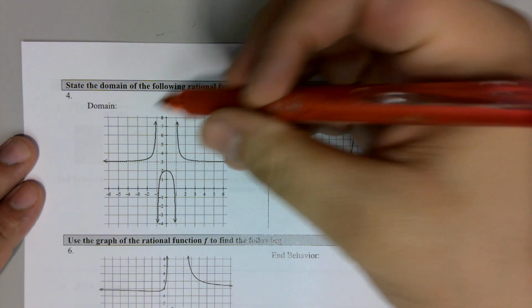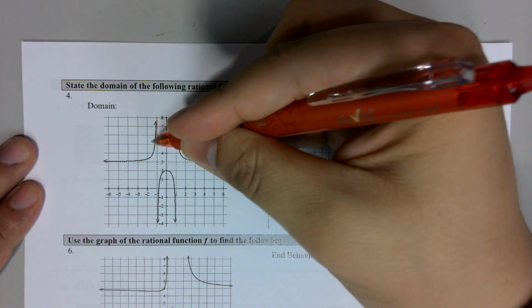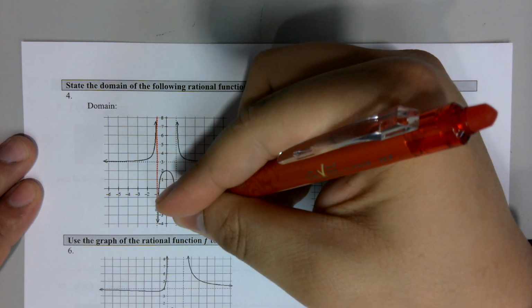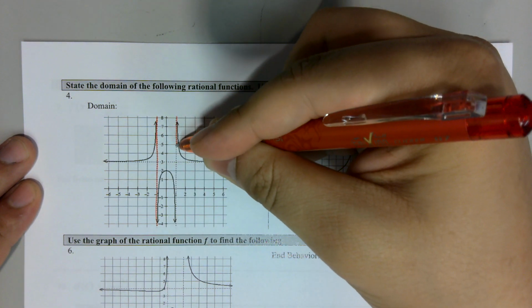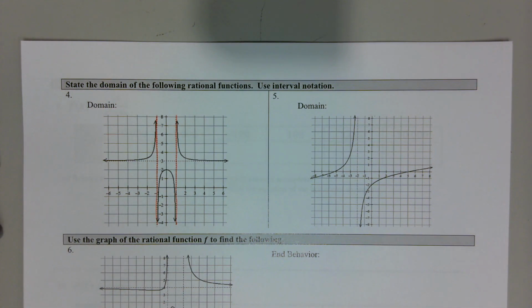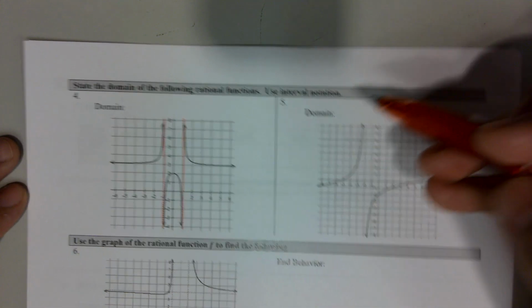So right here, I'm going to use my red pen so that we can see those asymptotes better. Where I've highlighted our vertical asymptotes means that our function is not defined there. Everywhere else is fine.